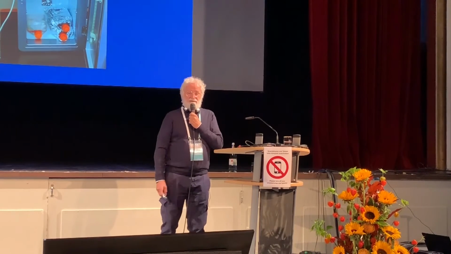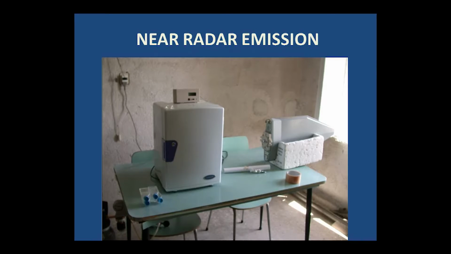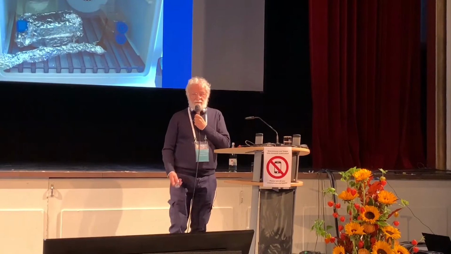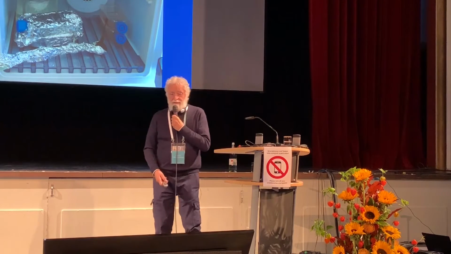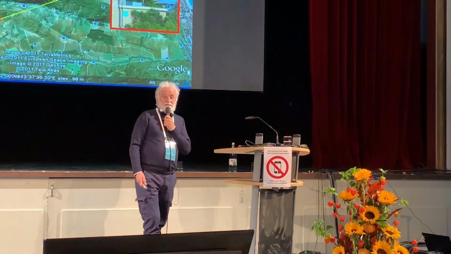And we made different experiments near a radar emission station, for example. Next. You can see here the radar signals, the cells protected, the antenna to see the radar inside the incubator, and so on. Go on.